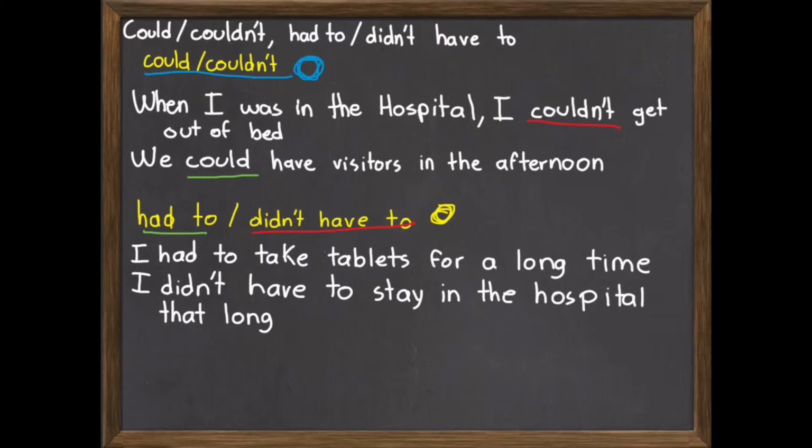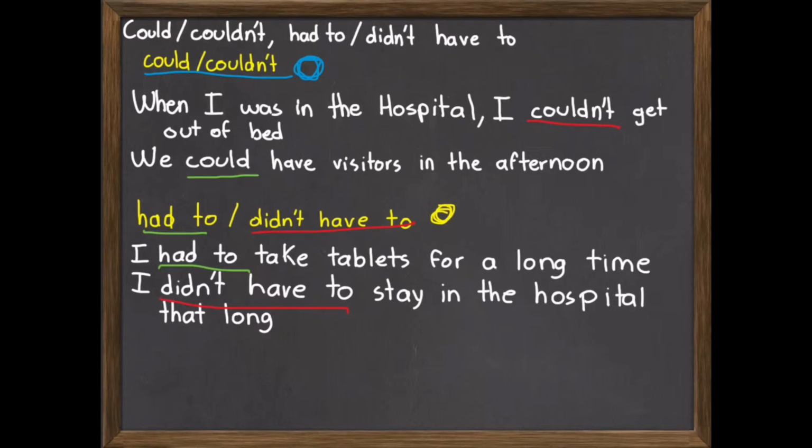For example, I had to take tablets for a long time. That means that it was an obligation, something that must have been done in the past. Now, the second example is I didn't have to stay in the hospital that long.